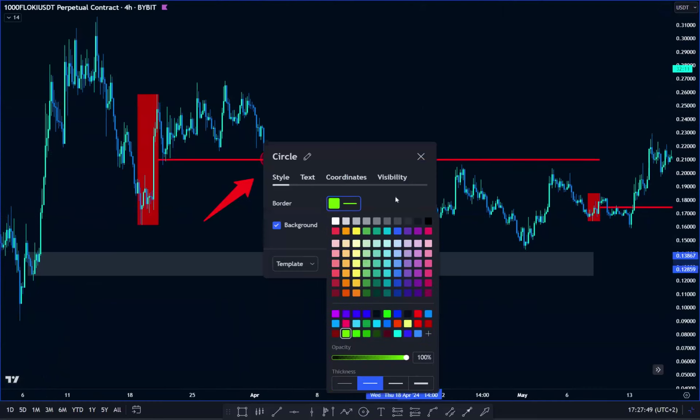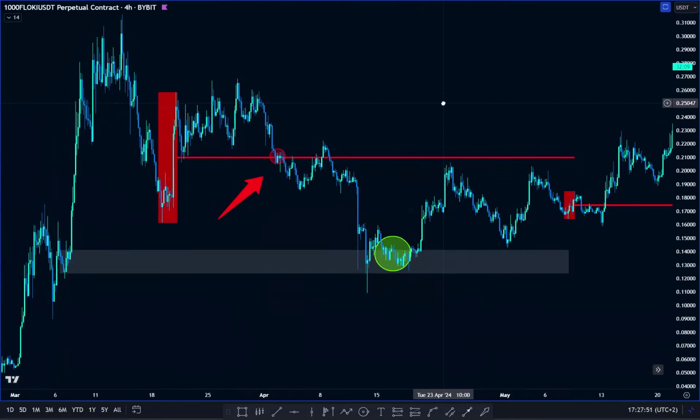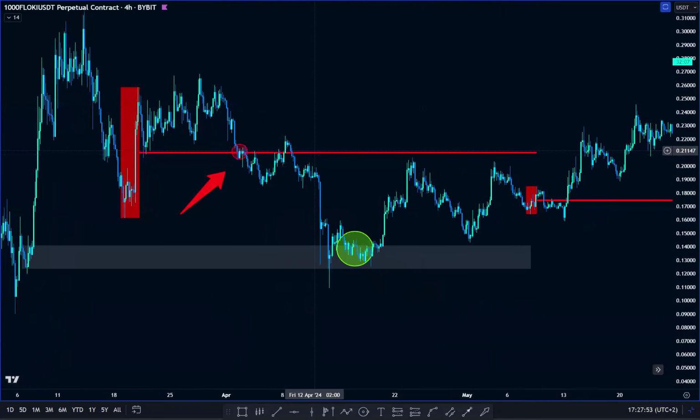So on the one hand, we've got to keep the psychology in mind that the further away we get from this value line, the greater the chance that price is going to reverse and go back up to the value line.